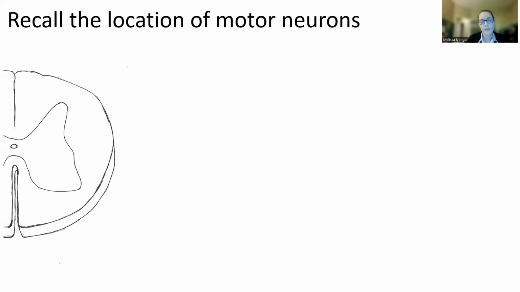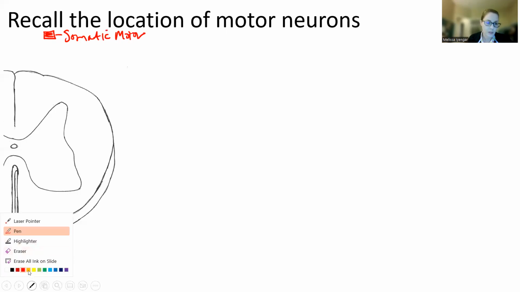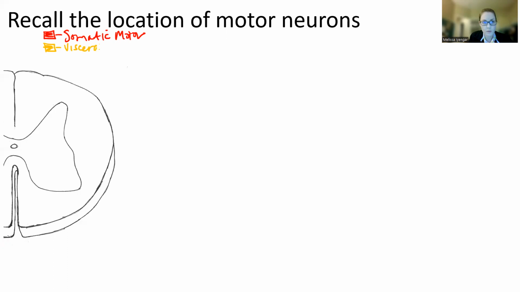And to make my life a little bit easier, I'm going to label with colors. This is going to be my somatic motor, the red stuff. And then I'm going to do orange, I guess, as visceral motor stuff.